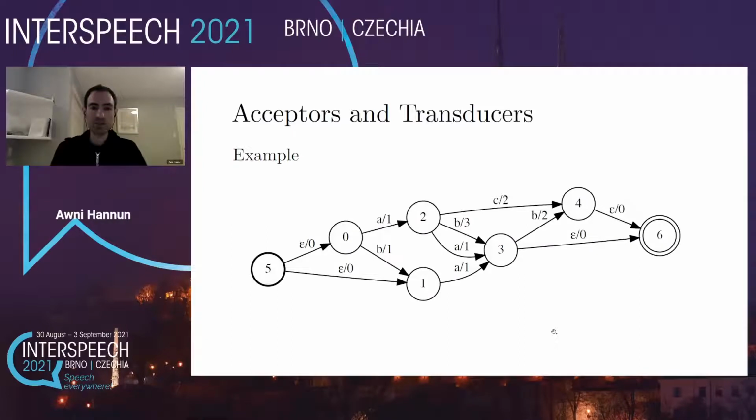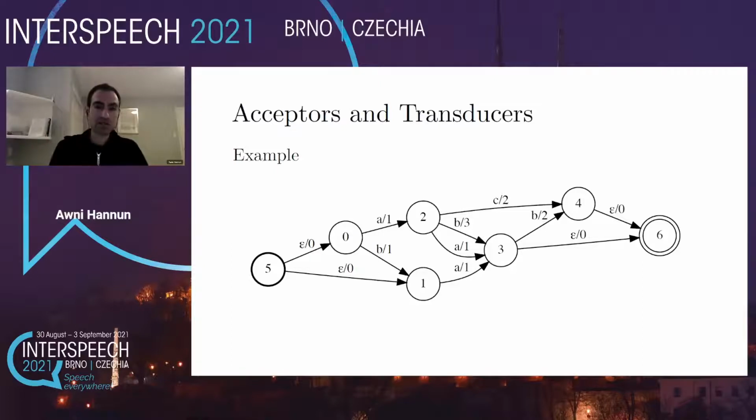The basic premise is straightforward. You just add a new start node, and an epsilon transition from that start node to all the old start nodes in the graph, which are no longer start nodes. You do the same thing with the accept nodes. You add a new accept node and an epsilon transition from all of the old accept nodes to the new accept node, and the old accept nodes are no longer accept nodes.